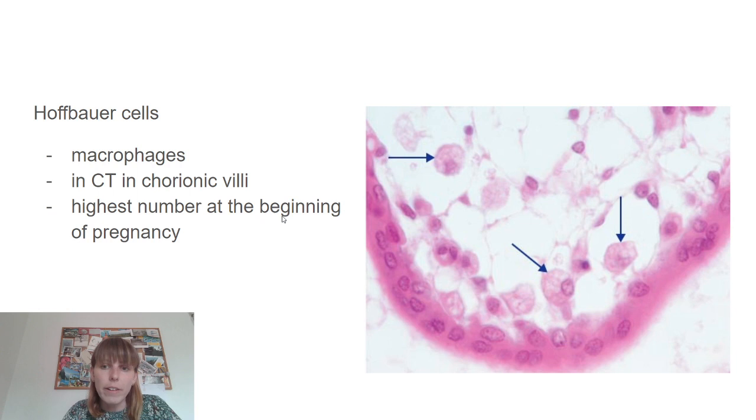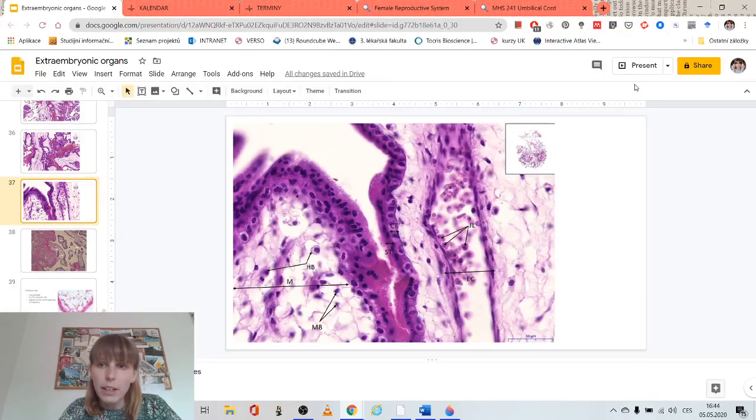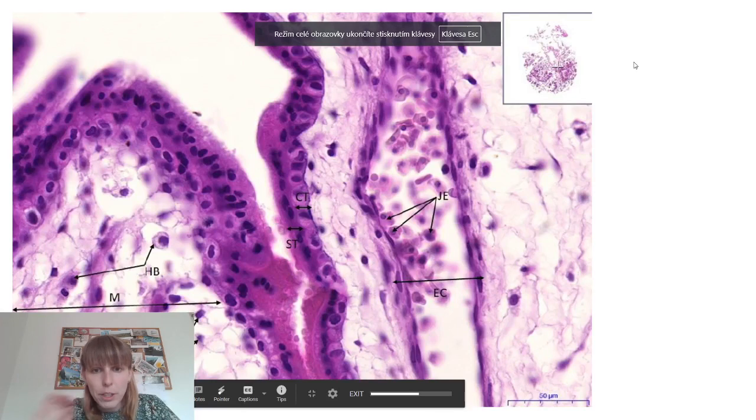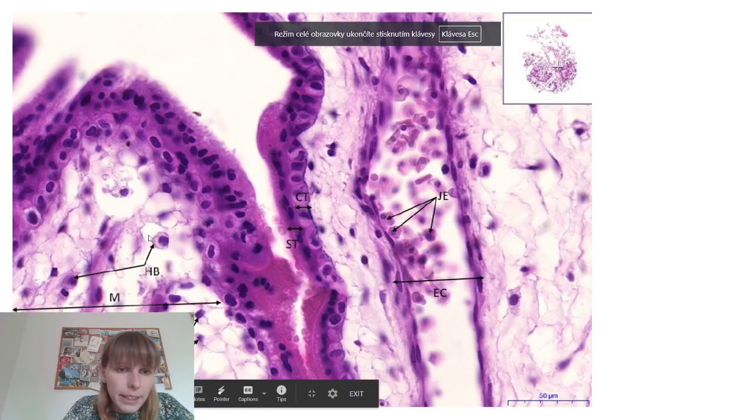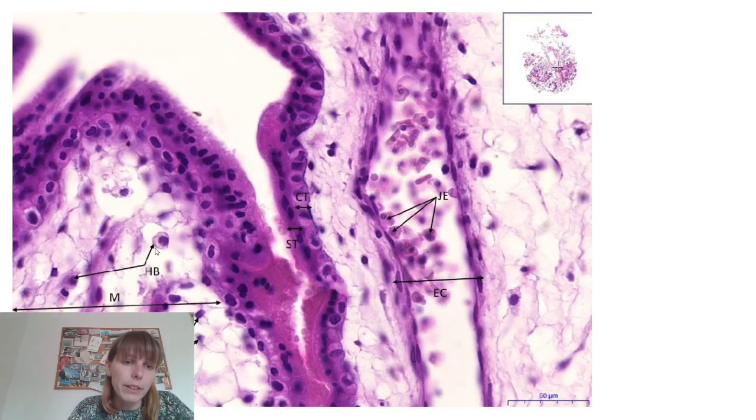They are there in their highest numbers at the beginning of the pregnancy. Their function is cellular, non-specific immunity. So if we go back to this picture, you can see here an example, and a second example of the Hofbauer cells, the macrophages sitting in the extraembryonal mesoderm.